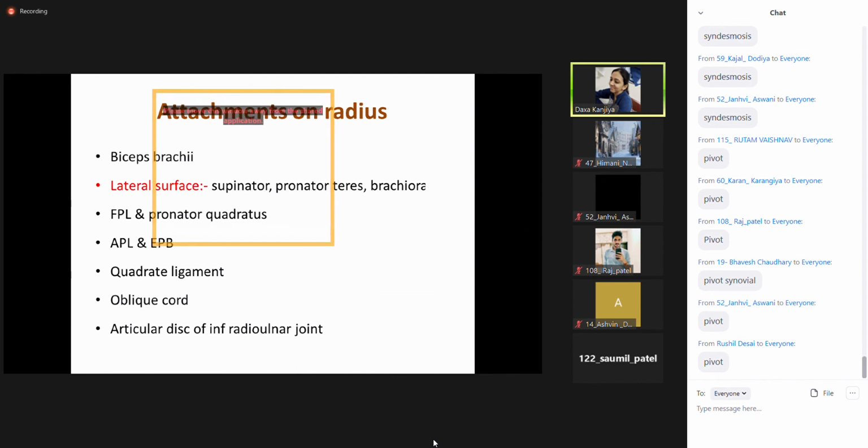Now this is the list of the muscles attached on the radius. There are so many muscles attached on the radius as well as ulna. The important one is the attachment of biceps brachii, where it is inserted in the radius. Where is the insertion of biceps brachii on the radius?